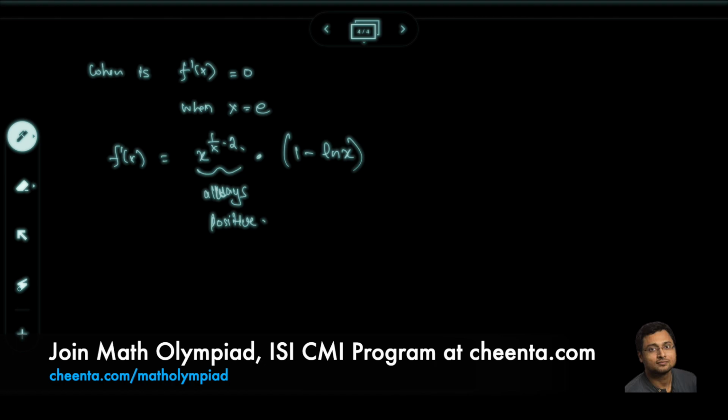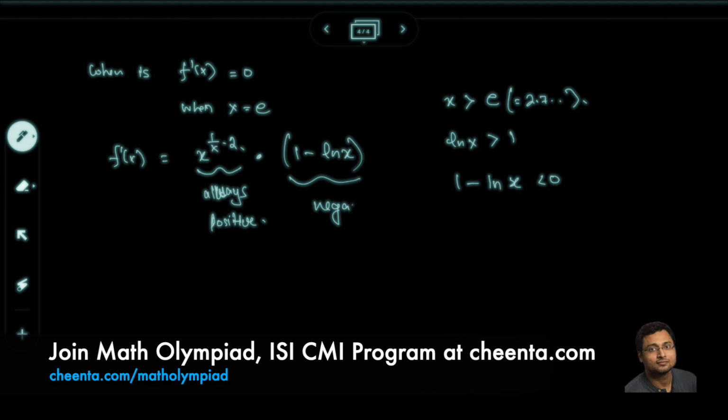Now let's analyze a little bit. If x is greater than e, which is approximately 2.7, ln x is greater than 1, so 1 minus ln x is less than 0. So this part becomes negative. So the first derivative is negative when x is greater than e, and similarly, the first derivative becomes positive when x is less than e.